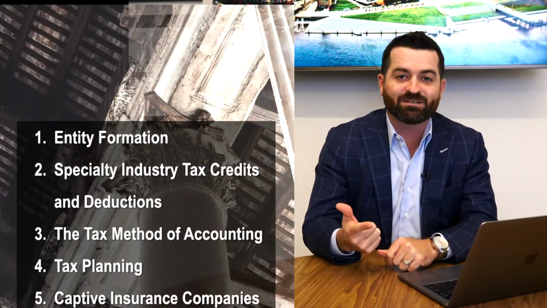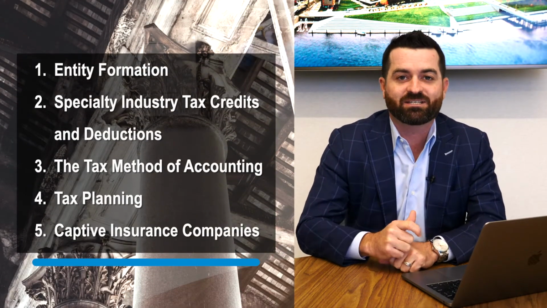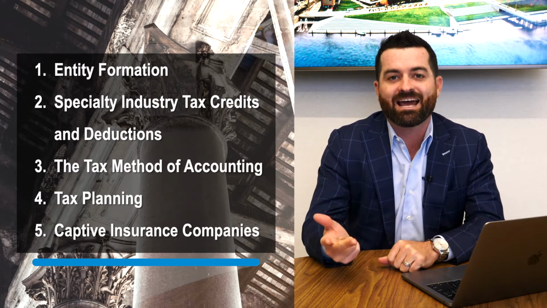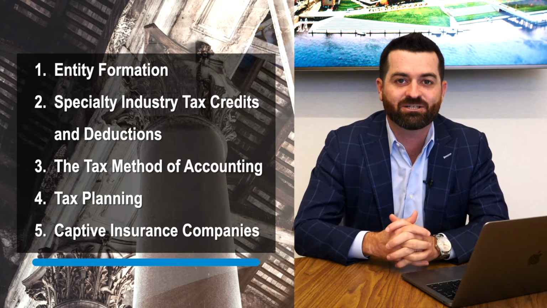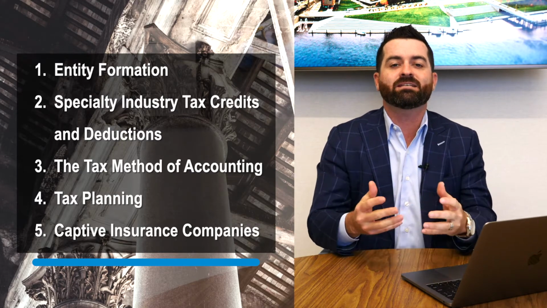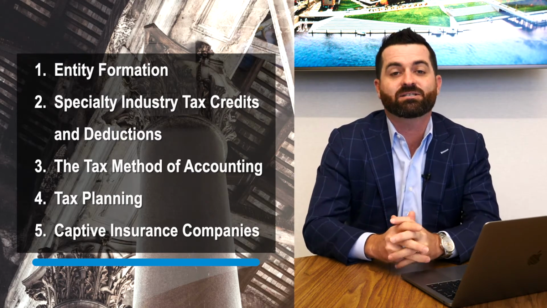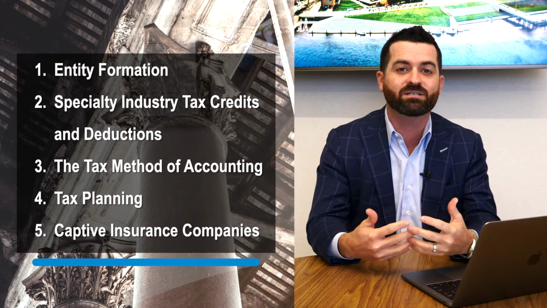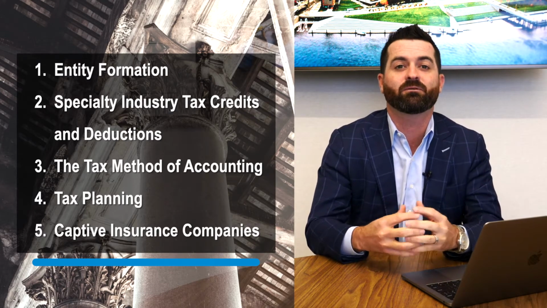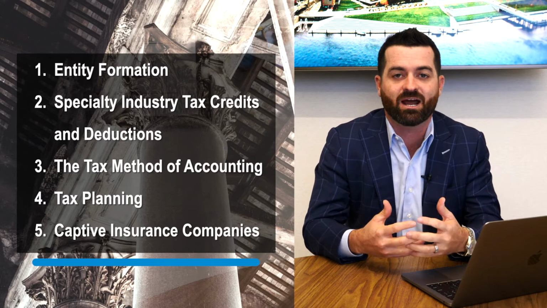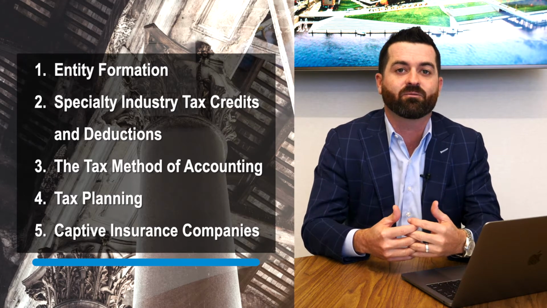So to remind you, the 5 pillars are entity formation, research and development tax credits, specialty industry tax credits and deductions, the tax method of accounting, tax planning, and captive insurance companies. These 5 pillars of mastering tax strategy are what we use on every single one of our clients when we're executing tax planning, when we are helping them figure out the best tax strategy every single year for their business.